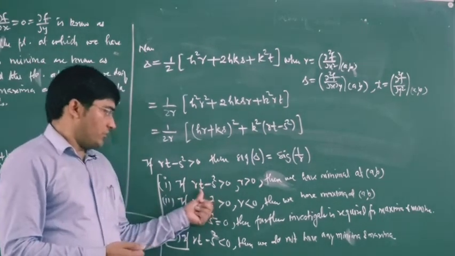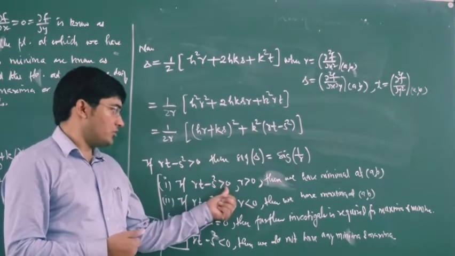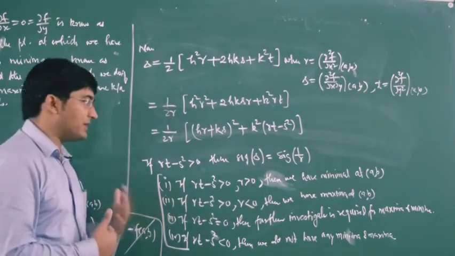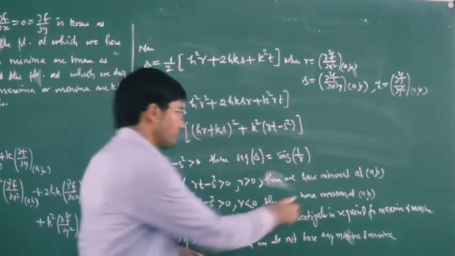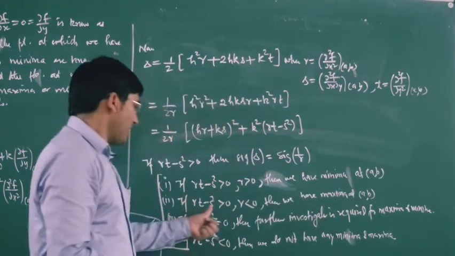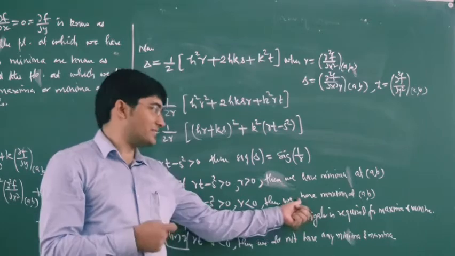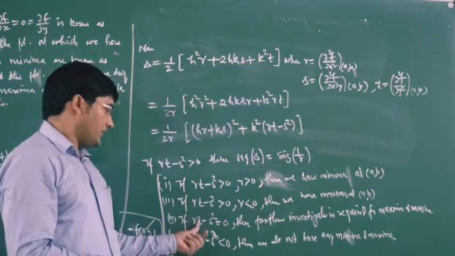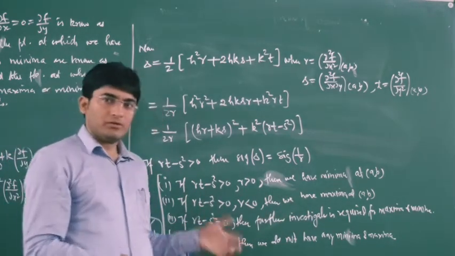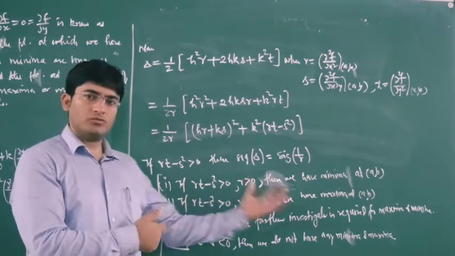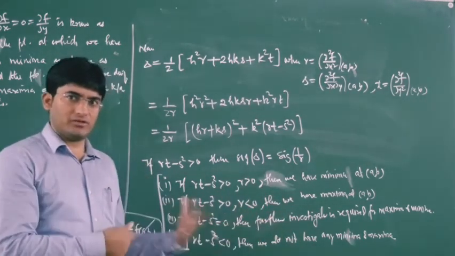So these are the important conditions for our questions. In our questions, if rt minus s square is greater than 0 and r is greater than 0, then we will say that at (a, b) we have a minimum. And if rt minus s square is greater than 0 and r is less than 0, then we will say that we have a maximum at (a, b). And if rt minus s square is 0, then we will say that our case is doubtful and we will leave it, because we need further investigation.